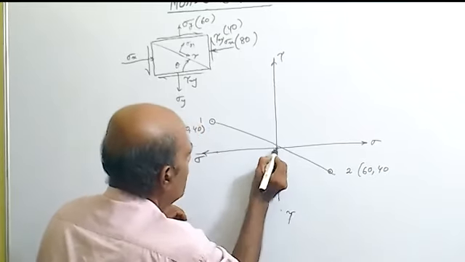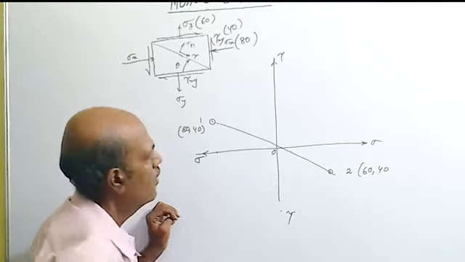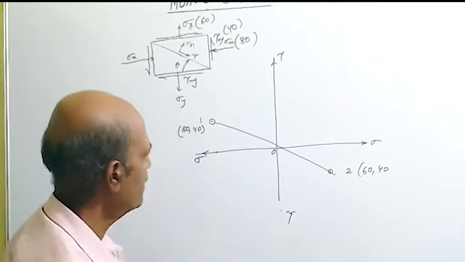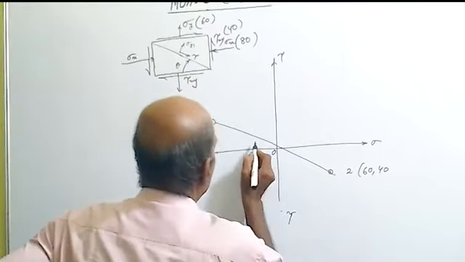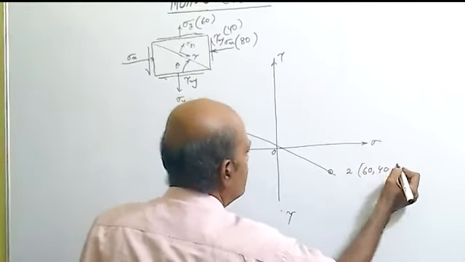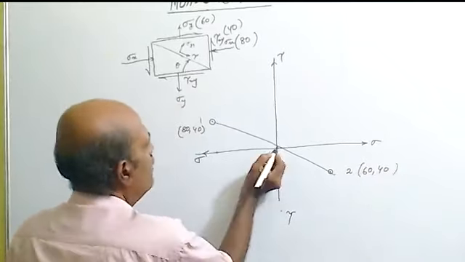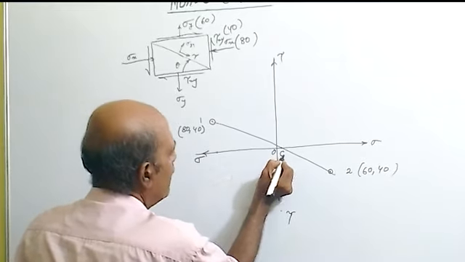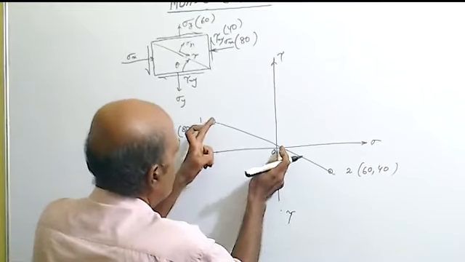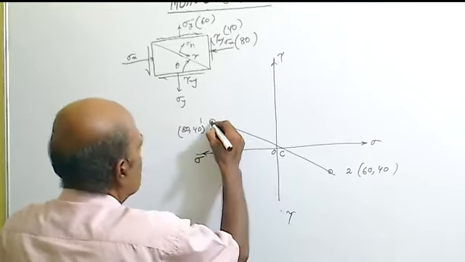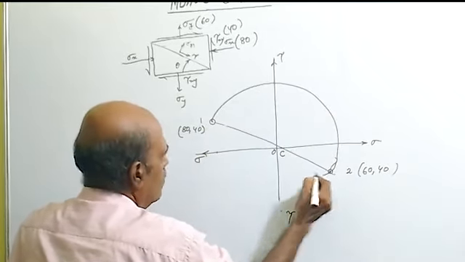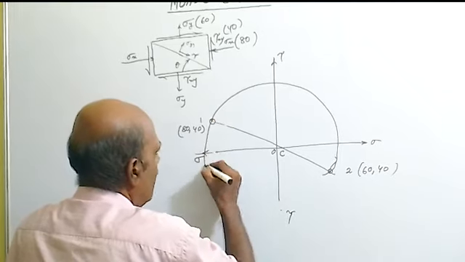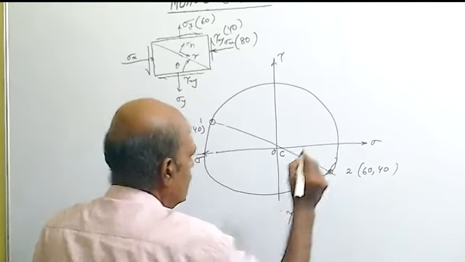So somewhere it will intersect on the sigma axis. Now take this one as center and this one as radius, and draw the circle. So this becomes the Mohr circle.